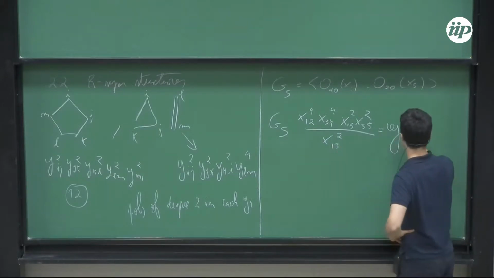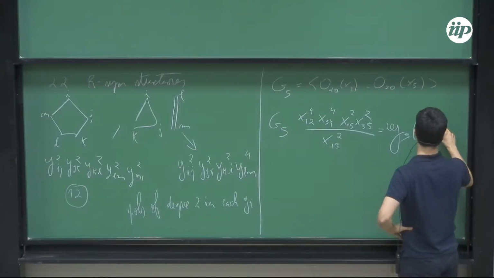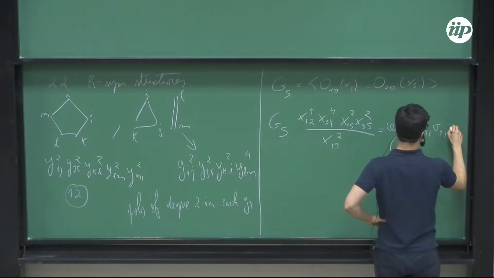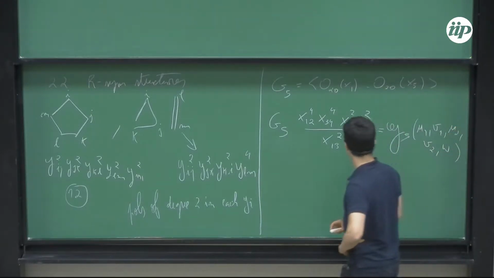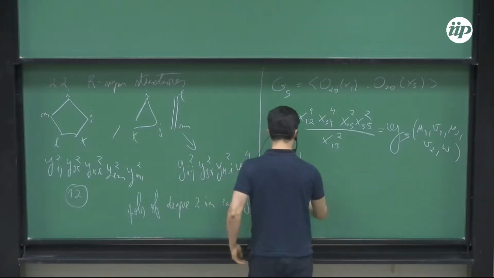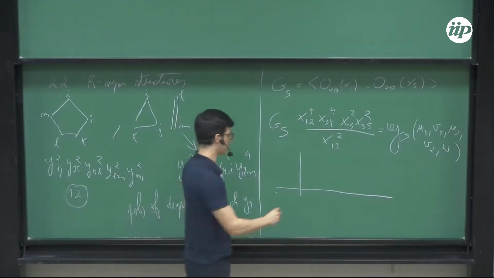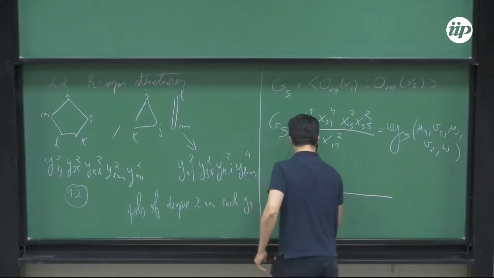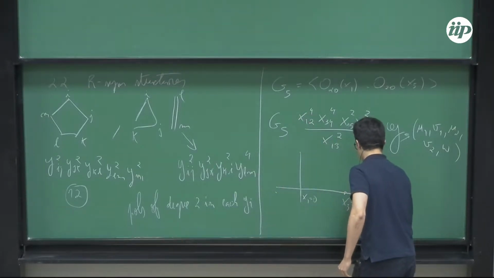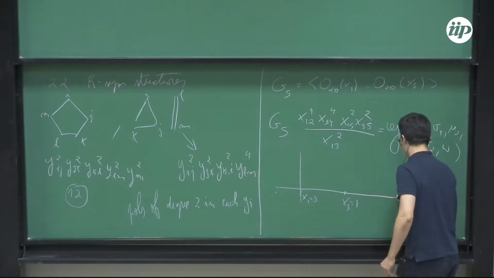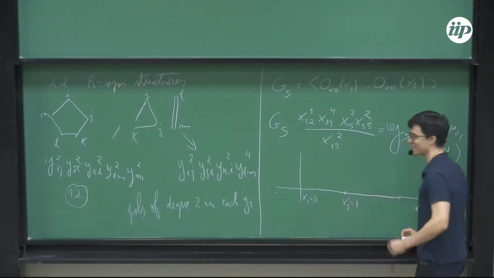And so this basically becomes my curly G, which is a function of 5 cross ratios, U1, V1, U2, say, V2, and some W. And so just to get an idea of what this is, usually in the 4-point function we can use conformal symmetry to put one operator x1 at the origin, x3 at 1, and I'll send x5 to infinity.